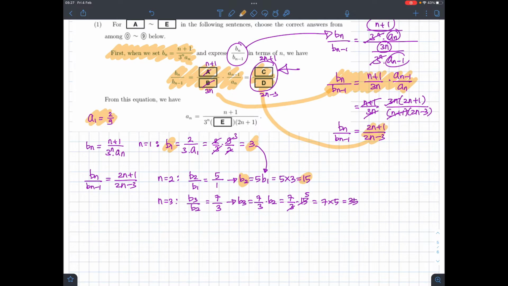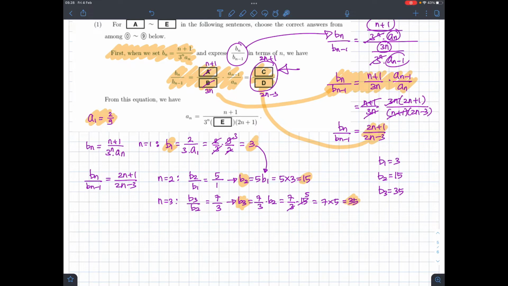Have you already seen the pattern? b1 is 3, b2 is 15, b3 is 35.